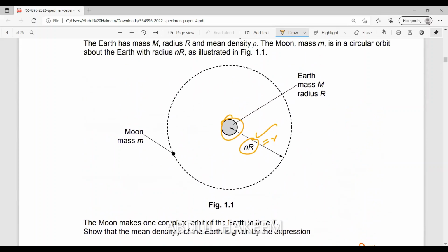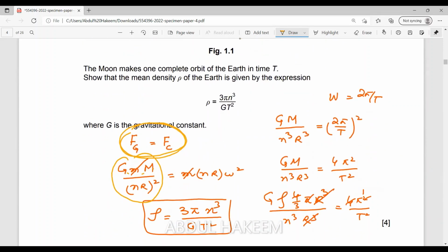And then centripetal force is m r omega square, m n R omega square, small m cancelled. Then this nR multiplied over here, it becomes cube. So GM over n cube R cube is equal to omega square, and omega is 2 pi over T, so 2 pi over T whole square. Now GM over n cube R cube equals 4 pi square over T square.